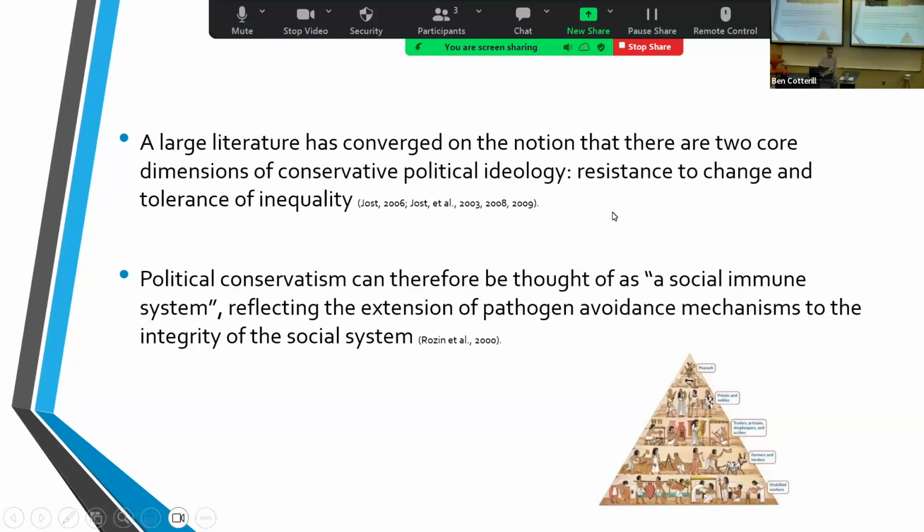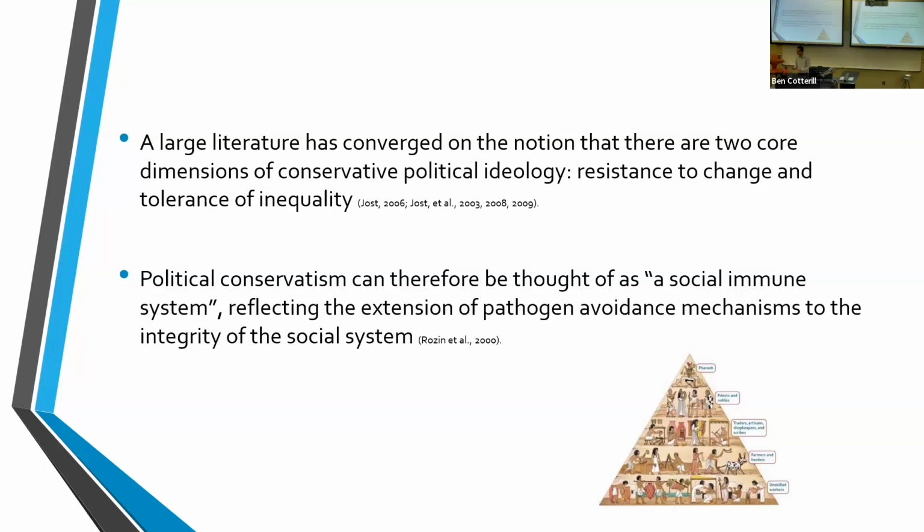Okay, and in the literature, there are really two main dimensions of conservatism. We have this resistance to change, and then this tolerance for inequality, because it's in keeping with tradition and with the way that things are and with the hierarchy.